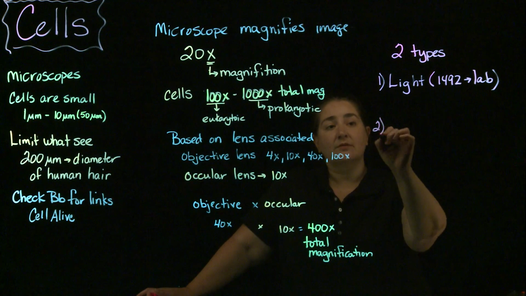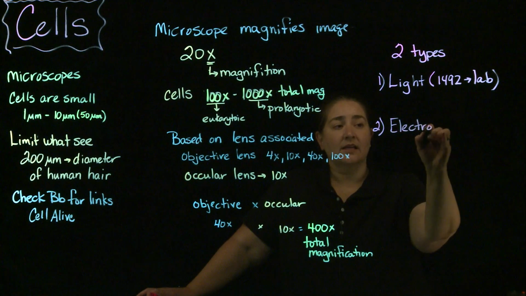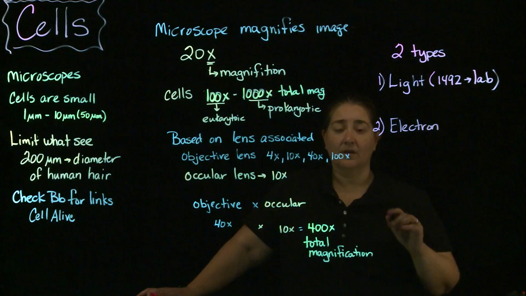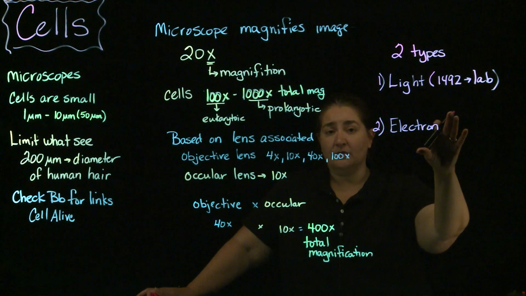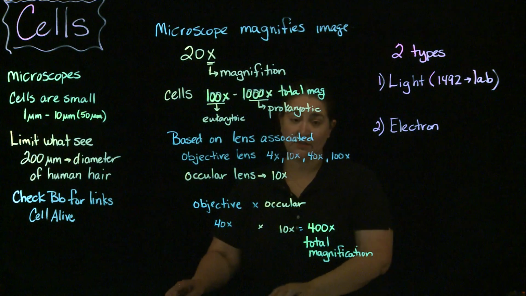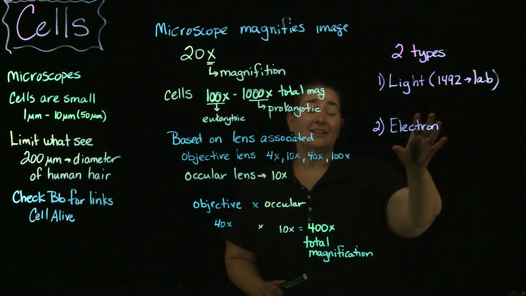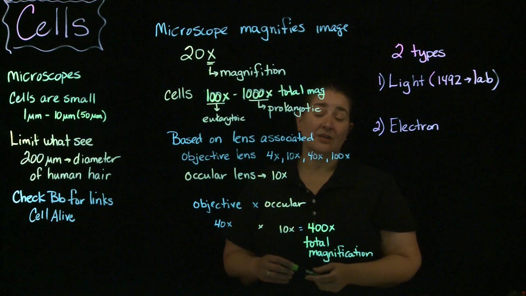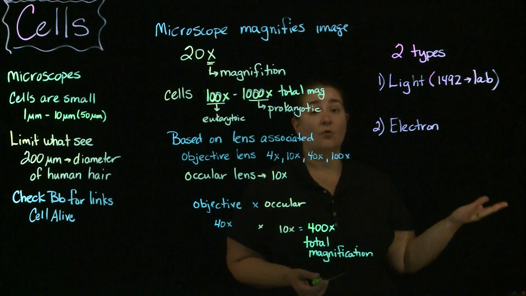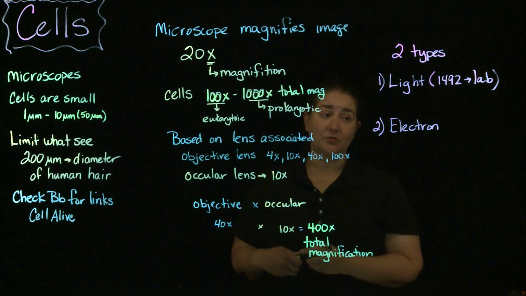The other type of microscope is an electron microscope. We don't have an electron microscope here on campus. Electron microscopes cost a lot more money, okay? Electron microscopes can start anywhere at $100,000 and go up. So that's why we don't have electron microscopes for you to use.